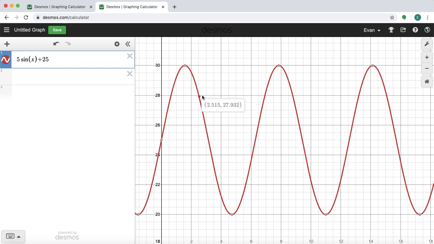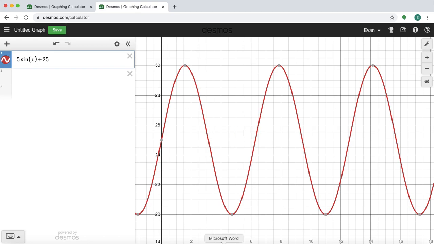That's our maximum. We travel down to our minimum, 3 pi halves, comma 20, and then we get back at 2 pi, about 6.28, right there. That is 2 pi radians. That is our one period, because we went up, we went down, and then we stopped right back at a height of 25.